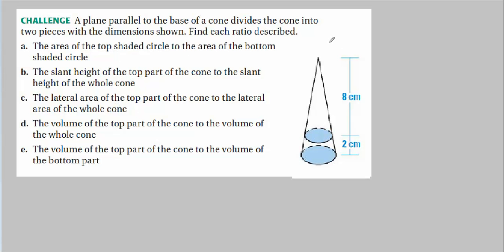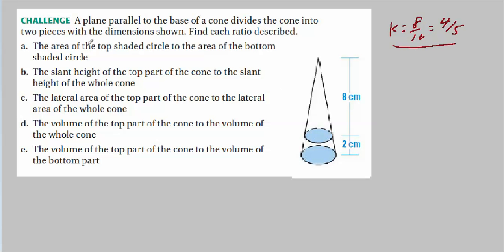If you find one of the other ones, take the square root or the cube root, and you've got your linear scale factor. In this case, the whole thing is 10, and this top part is 8. So I think we can instantly write that our scale factor is 8 over 10, or 4/5. That's k. Starting with that, we can probably get all the rest of these just from this here.